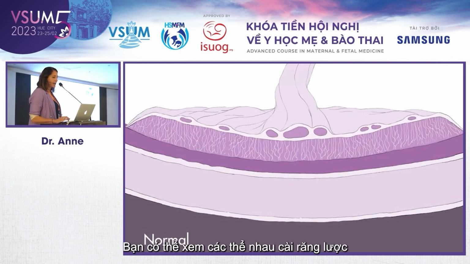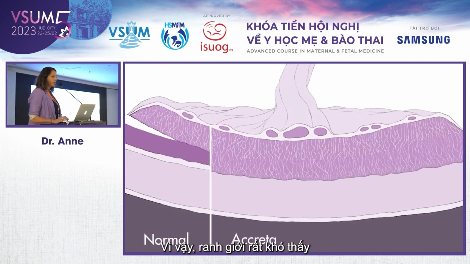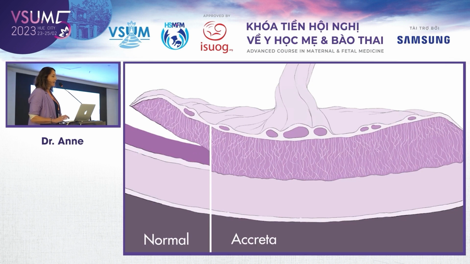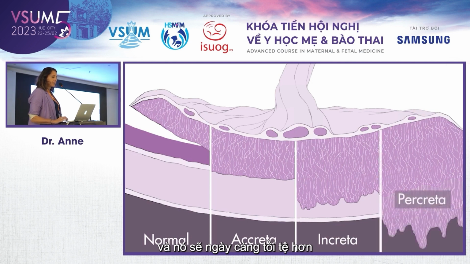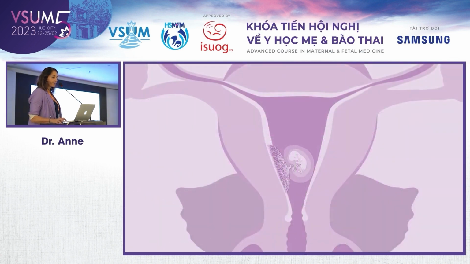You can see the other forms of placenta accreta, which is a spectrum between the superficial form and the deep form. What is very important is the vascularization of these placenta accreta forms. The borderline is very tricky, and we know that adherent placenta will provide some bleeding at delivery, and it will be worse and worse due to the deepest form of the accreta.